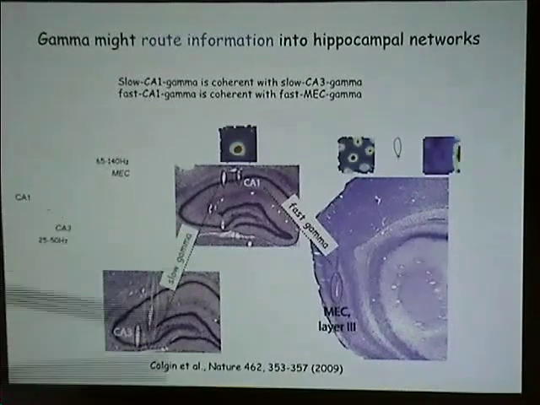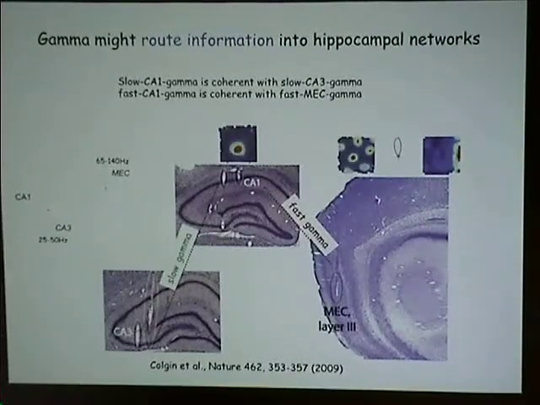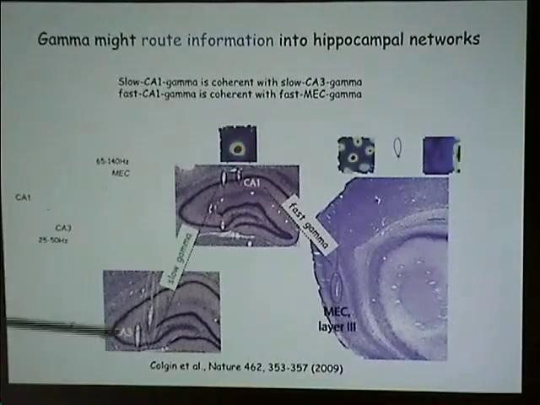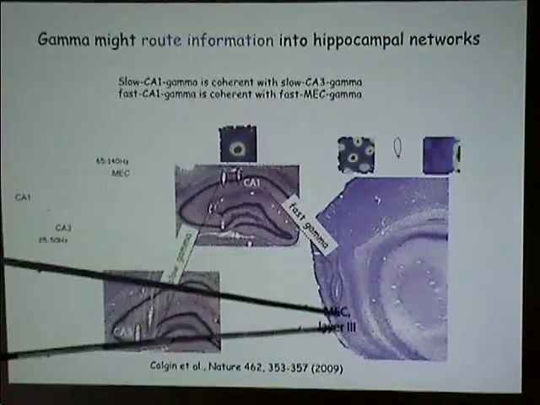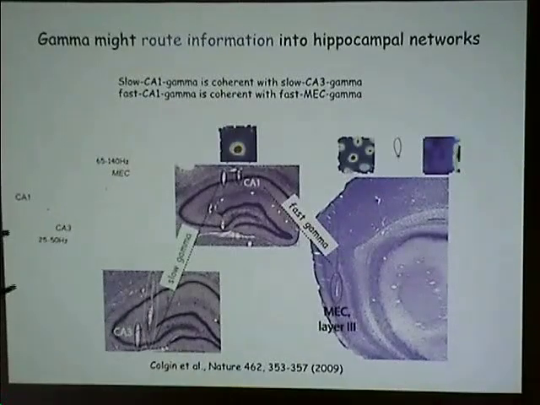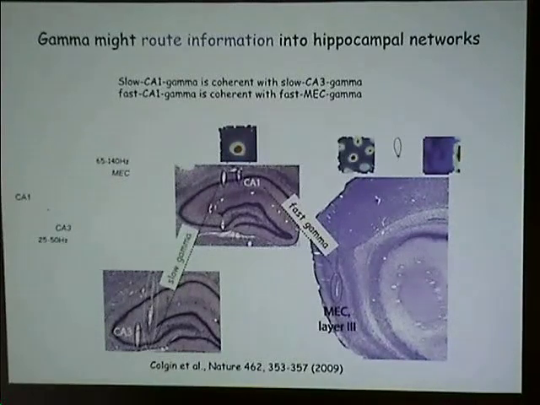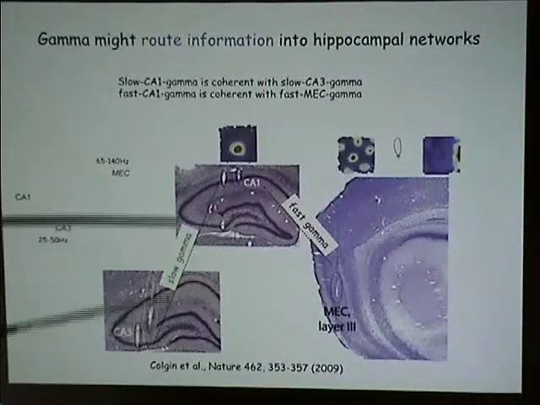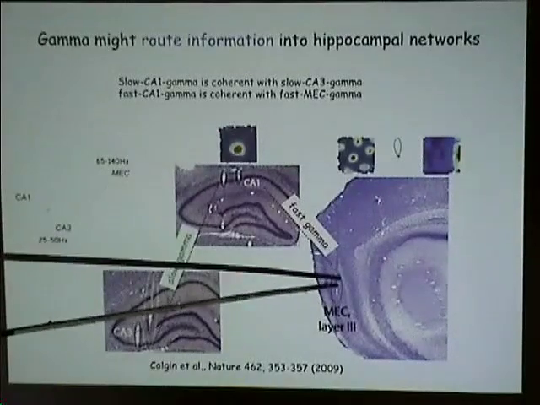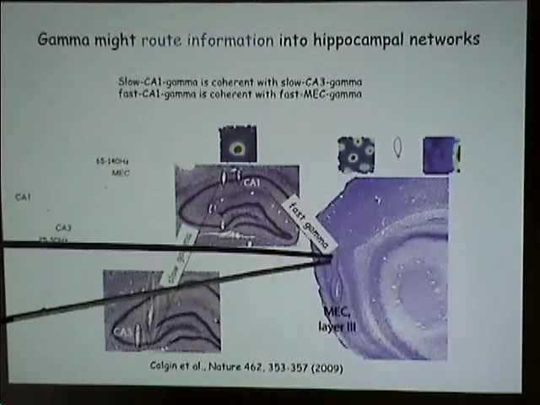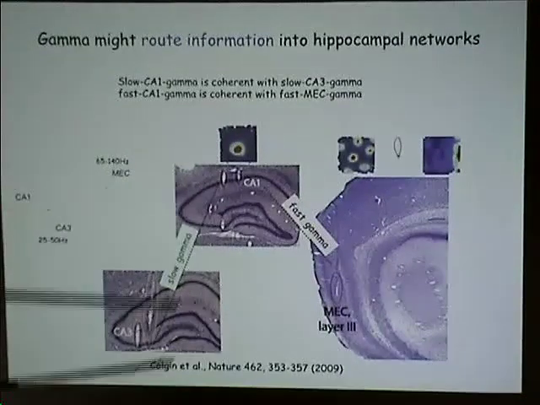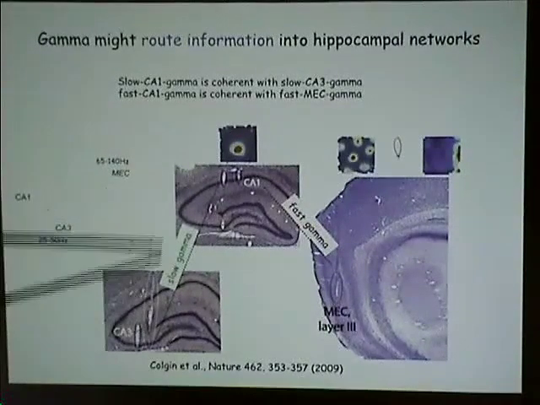And this is just a figure cartoon from a paper when Laura Colgin was in our lab. What she did was that she recorded from CA1 at the same time as CA3 or at the same time as medial entorhinal cortex, and found that CA1 alternated between periods when it was highly coherent with activity in the medial entorhinal cortex in the fast gamma range, and periods when it was coherent with the CA3 in the slow gamma range.